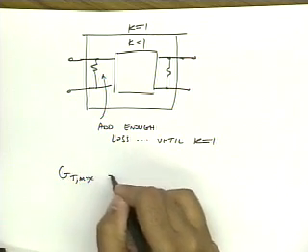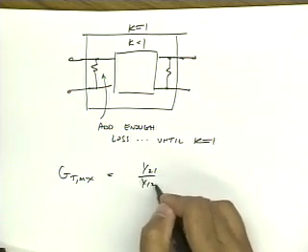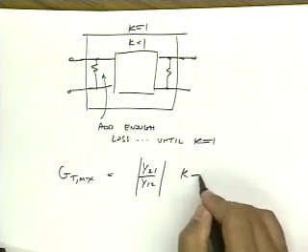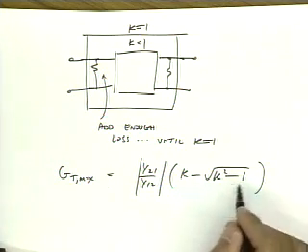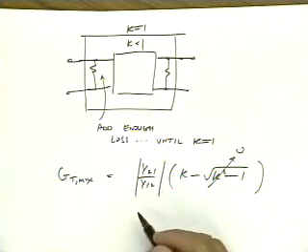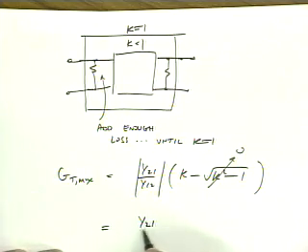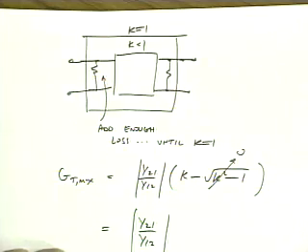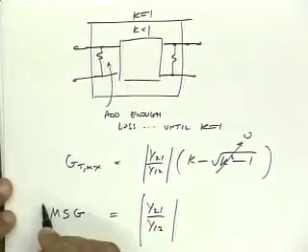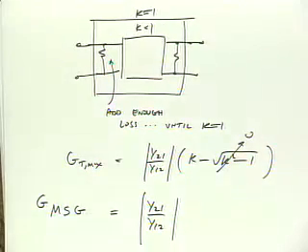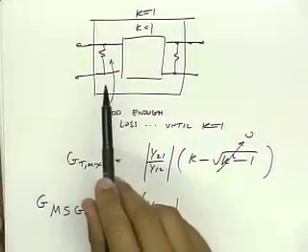So GT max in that case is y21 over y12 times K squared minus 1. But now K is equal to 1, this term's 0, this term's 1. So then it just breaks down to this expression, and we call this the maximum stable gain, or sometimes G maximum stable gain. And it's the maximum stable gain because we've stabilized our amplifier on purpose.